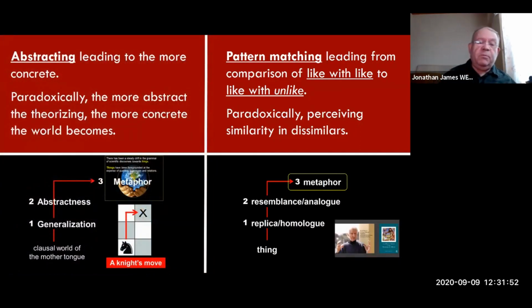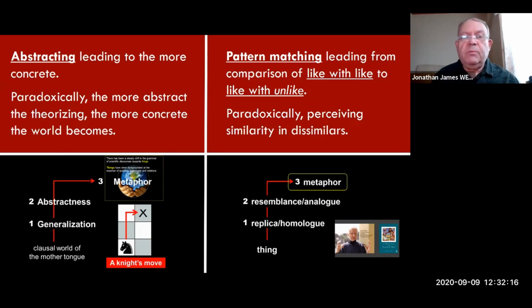And so we compare. Abstracting leading to the more concrete, Halliday's idea. Paradoxically, the more abstract the theorizing, the more concrete the world becomes. Meares' idea, pattern matching leading from comparison of like with like to like with unlike, paradoxically perceiving similarities in dissimilars.